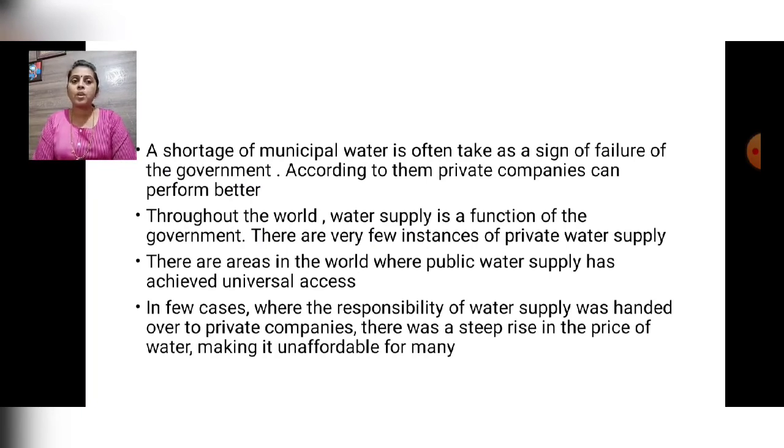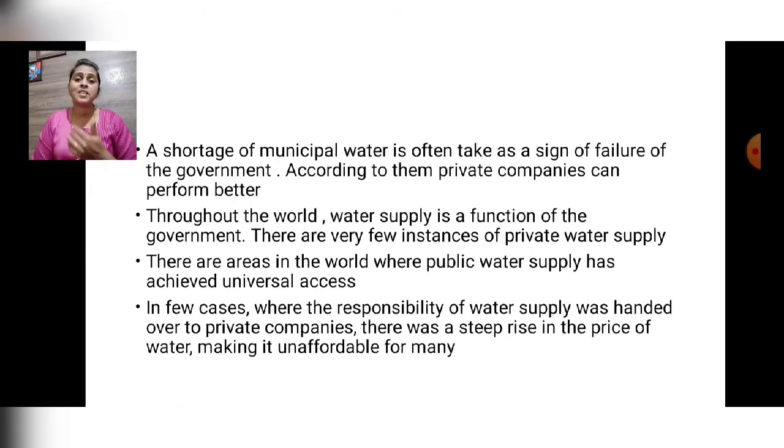There are areas in the world where public water supply has achieved universal access. In the few cases where the responsibility of water supply was handed over to private companies, there was a steep rise in the price of water, making it unaffordable for many.